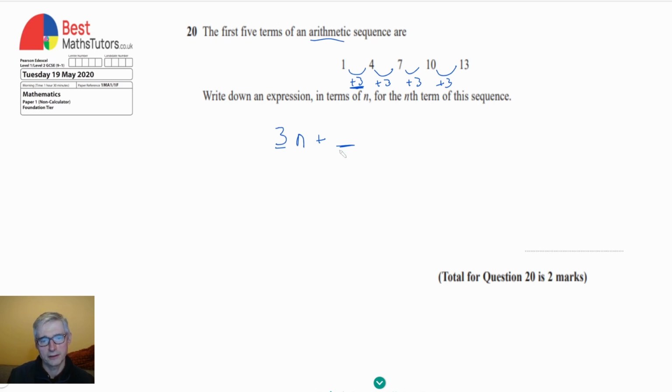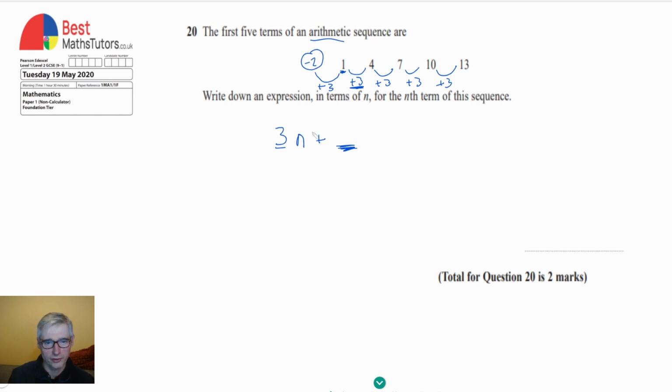And then for the number that we're adding or taking away, we can go back to the term before the first one. So this is the first term in the sequence. And we can imagine if we went back another step, we would have added 3 to whatever number was here. And we can see that that would have to be minus 2, because minus 2 plus 3 would give me the 1 there.